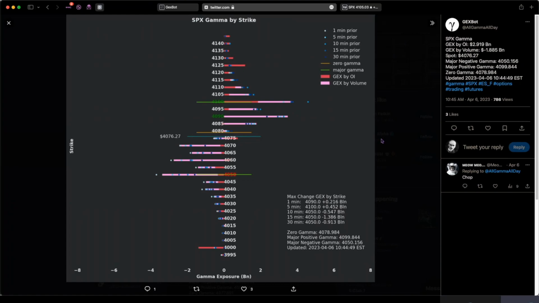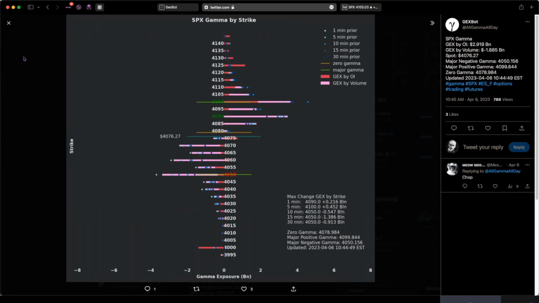So the fact that here the spot price came down, thereby accentuating the extent of the bars on the put side, and yet the 4090s still gained, means there was some serious volume hitting the 4090s. Not to mention that the 4100s, aside from this one 10-minute prior dot, stayed relatively consistent over that time period.